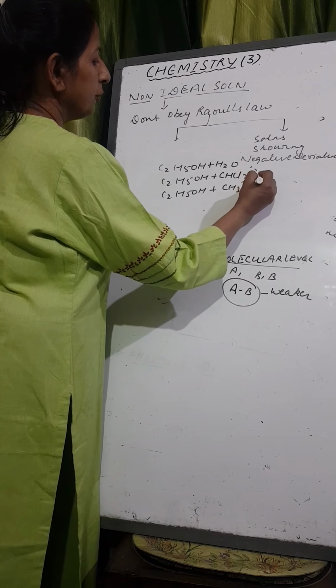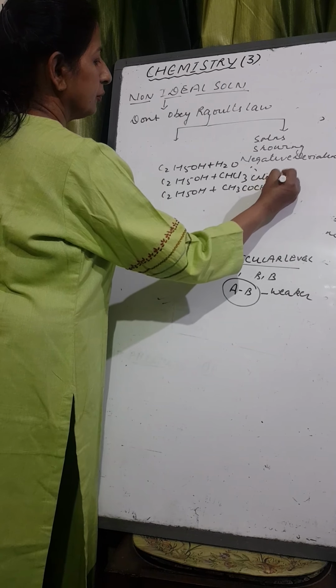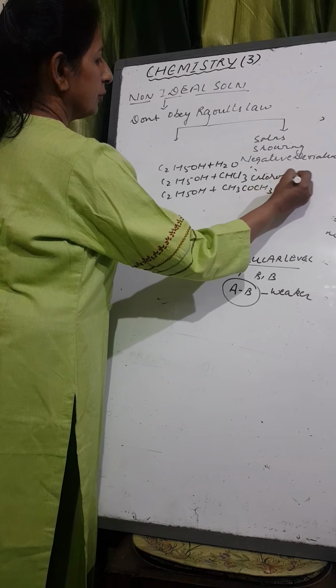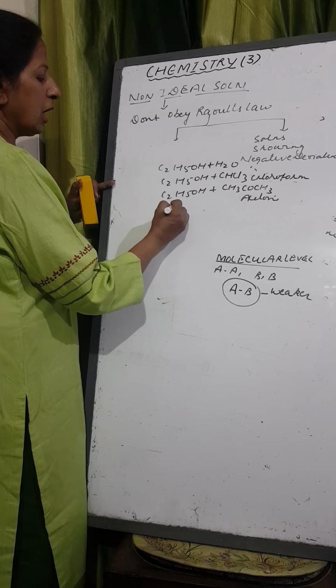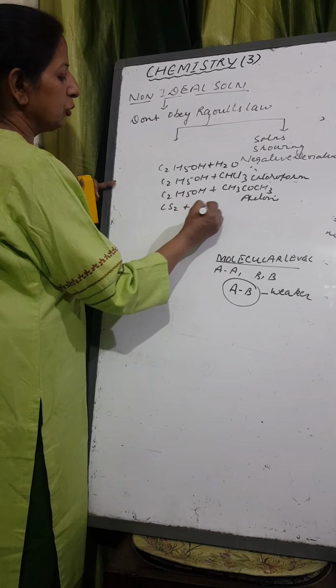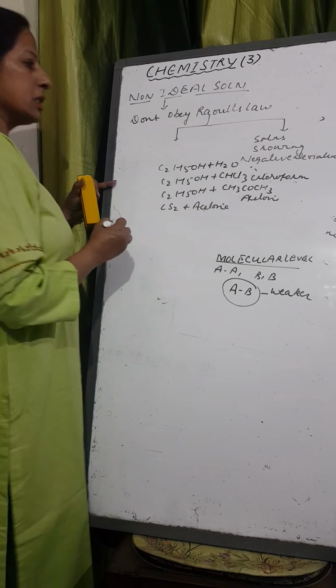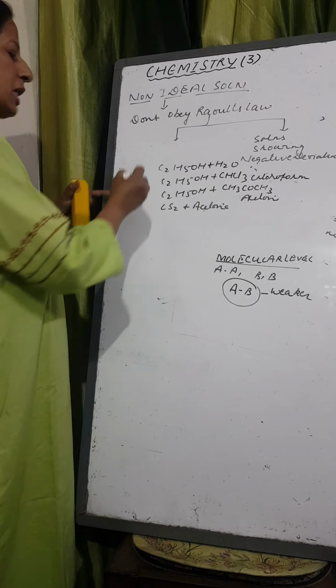This is chloroform. This is acetone. Write one more, carbon disulfide and acetone. These are some examples of solutions showing positive deviation.